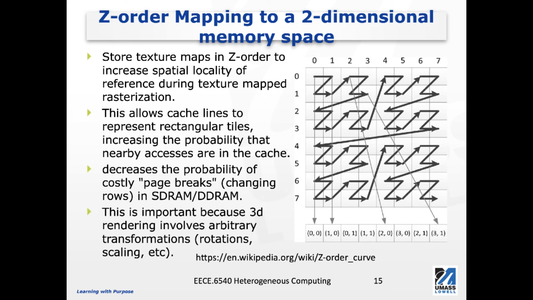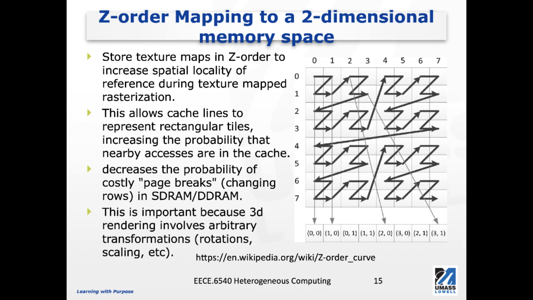With this z-order, we can basically group neighboring pixels or regions of pixels into one cache line and represent rectangular tiles, so that it increases the probability that accesses are to nearby pixels or regions. And also at the same time, it decreases the probability of costly page breaks, for example, changing the rows in SRAM or DRAM.